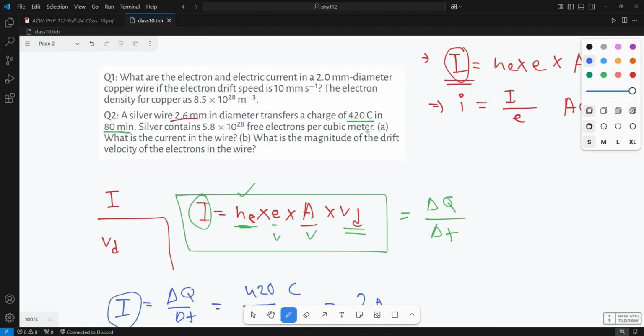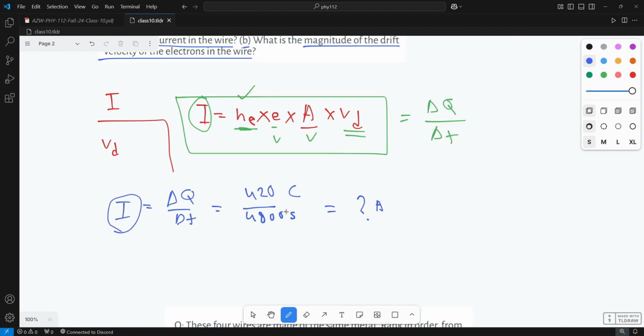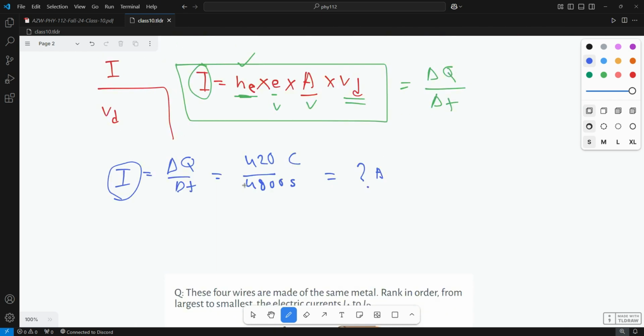This is the solution of A, and now B asks for the magnitude of drift velocity of the electrons in the wire. If we have I, we can find this value simply by shifting this product to this side. So I equals n e times e times area of cross section times the drift velocity.